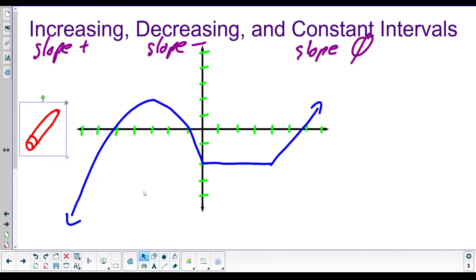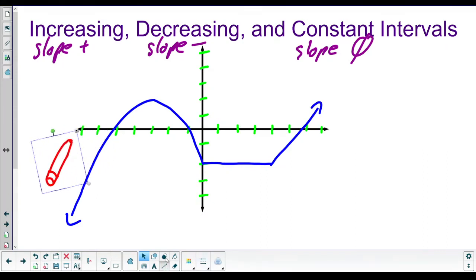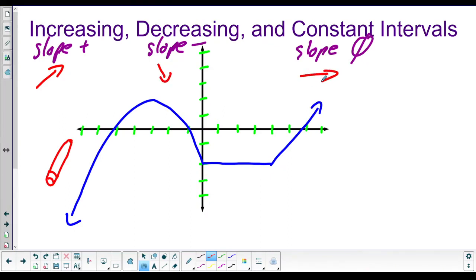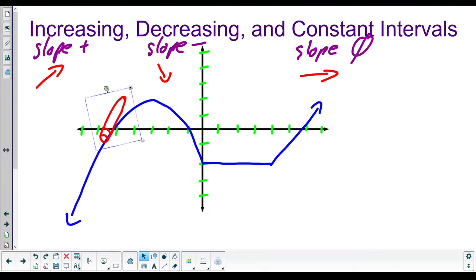Okay. And you want to hold your pencil parallel to the graph, right? So it lays on it. And you want to ask yourself, is it pointing up to the right, down to the right, or is it flat, straight sideways? So for this section here, the pencil is pointing up to the right, up to the right, up to the right, and then it slowly rolls over.